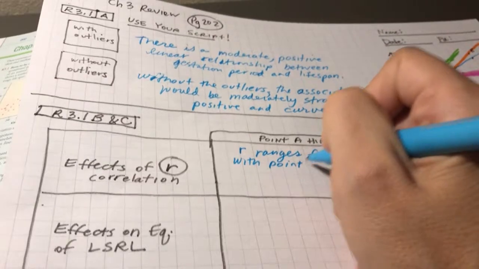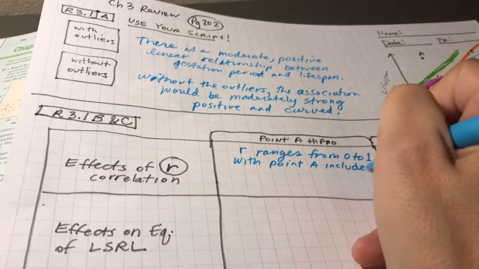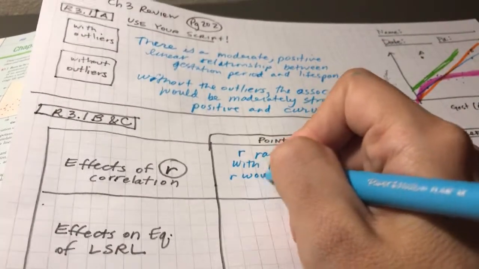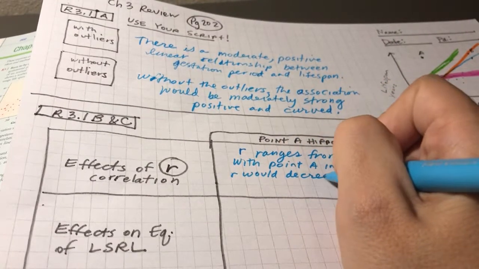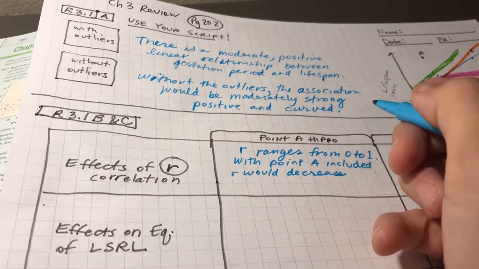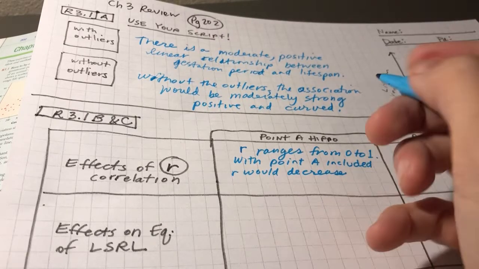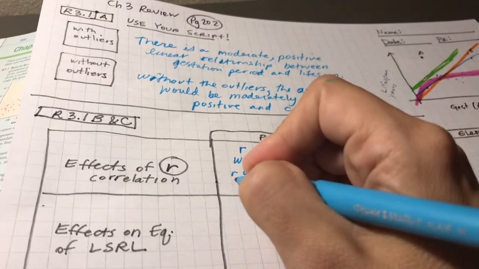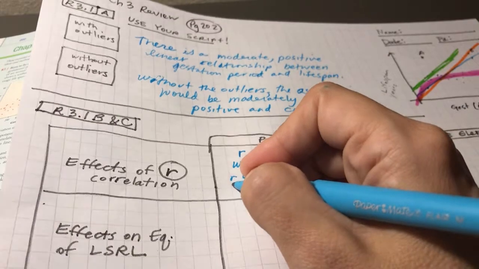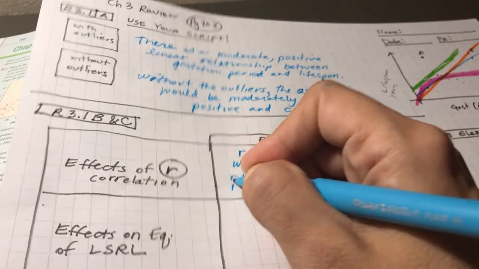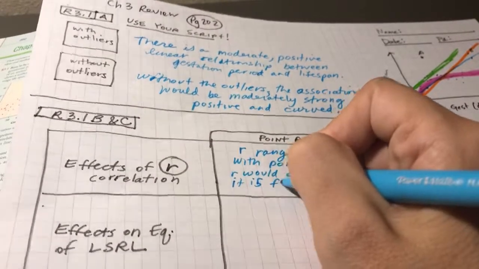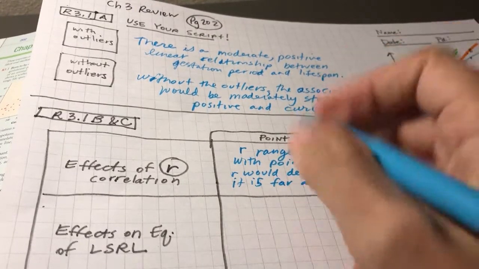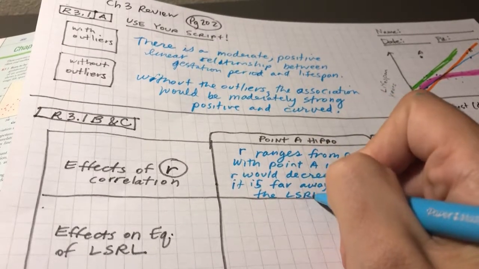With point A included, R would decrease because it is far away from the least square regression line.